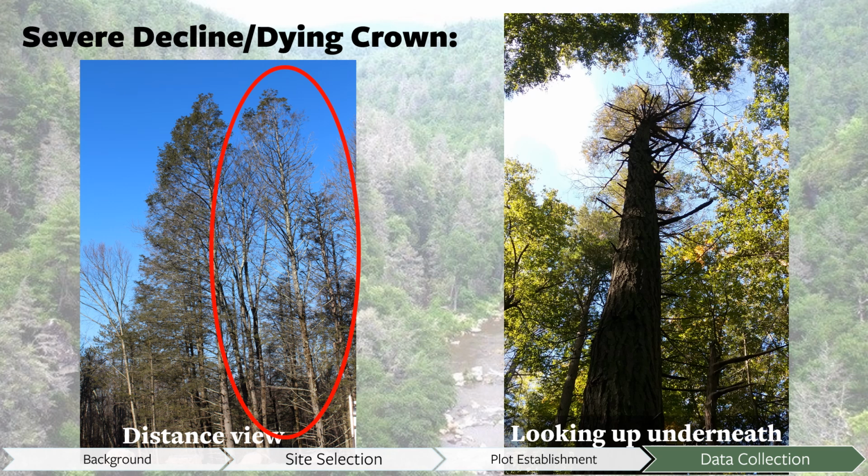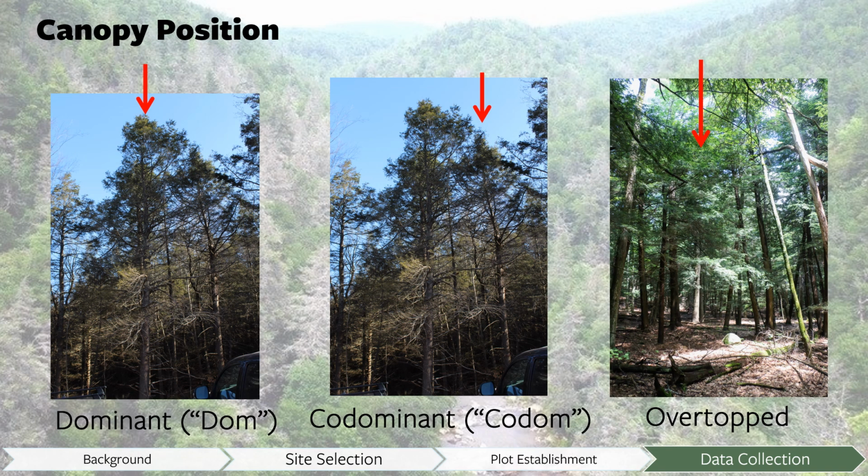Finally, you'll be asked about canopy position when you go through your annual surveys. There are 3 categories for this: dominant, co-dominant, and what we're deeming overtopped, which is synonymous with understory trees. So this photo on the left and in the center shows a dominant and a co-dominant tree, where the dominant one is taller than all the trees around it.